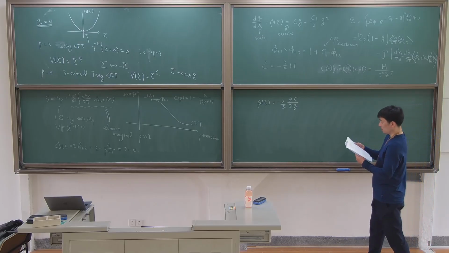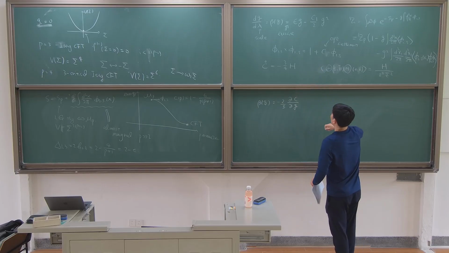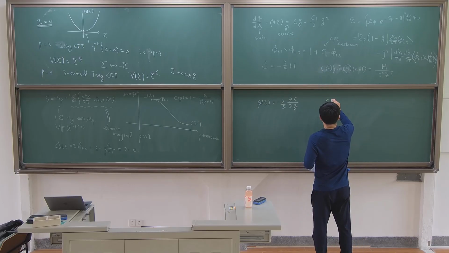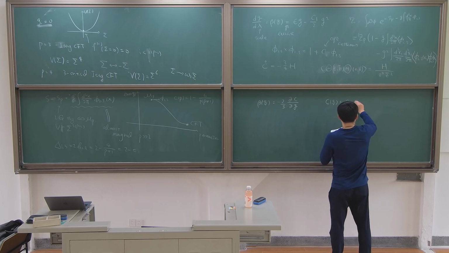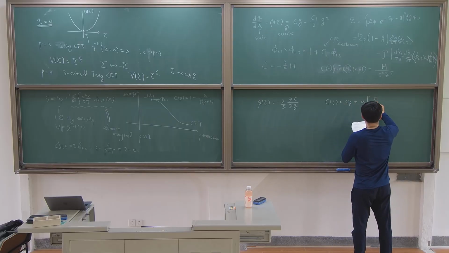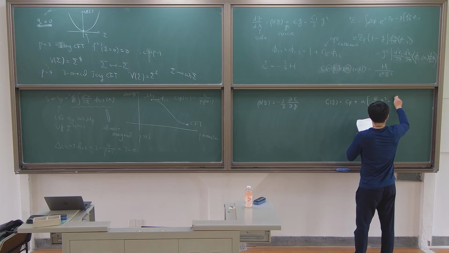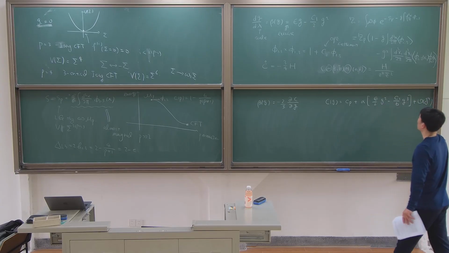So if you use this relation between the beta function and C, we can write that C of g is equal to c_UV plus alpha, some constant, times epsilon over 2 g squared plus C_1 over 6 g cubed plus higher order terms.